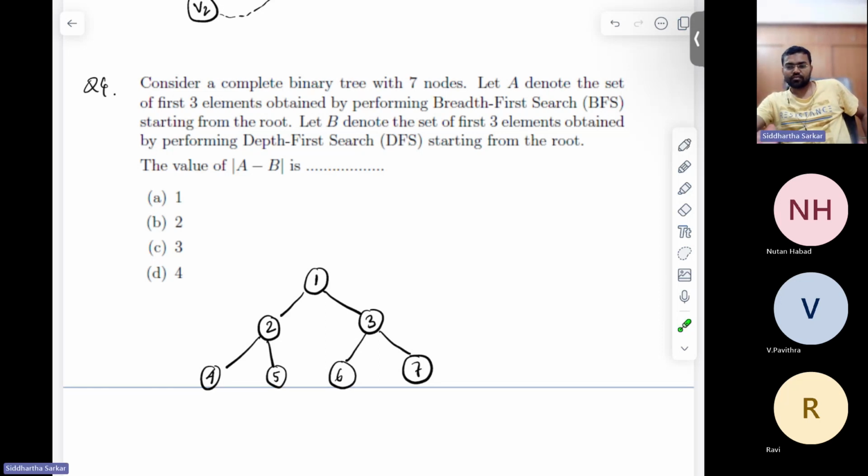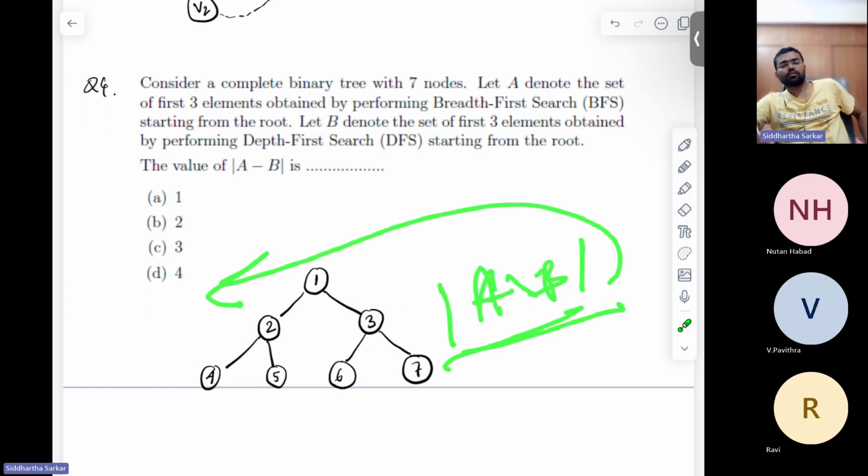So when you do BFS, then you encounter some vertices. You consider the first 3 vertices and put them into A. When you do DFS, you encounter 3 vertices. The first 3 vertices, you put them into B, and then you take the set difference A minus B, and then you take the cardinality of that, and that is going to be the answer. So now you can do it yourself.